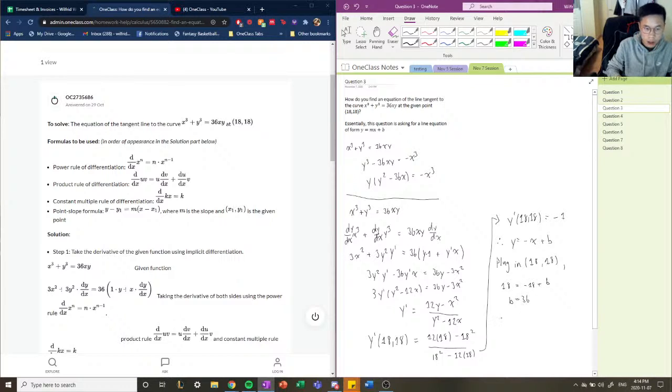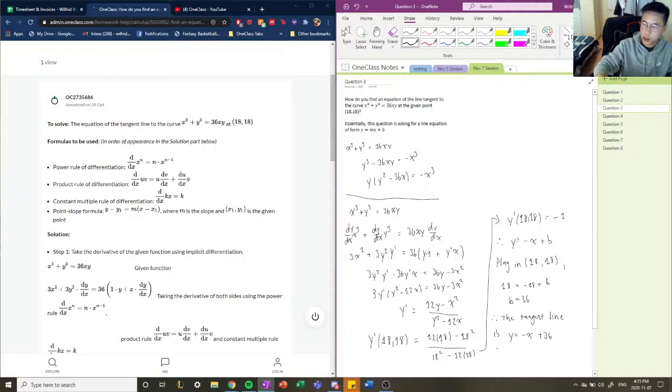Now we have found our line that is tangent to this curve. Therefore, the tangent line is y equals -x plus 36.